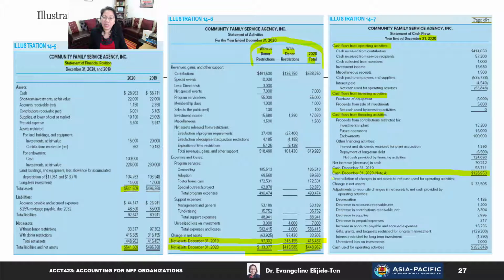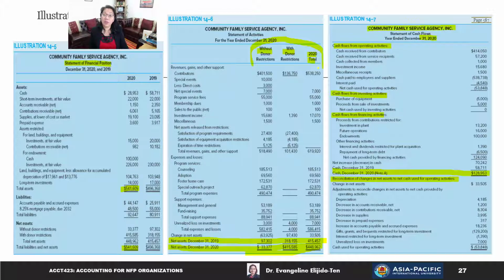And as you can see, the reconciliation of changes in net assets to net cash used for operating activities is provided here. However, as we have stated earlier, the reconciliation is not mandatory. It's optional if the direct method is used.